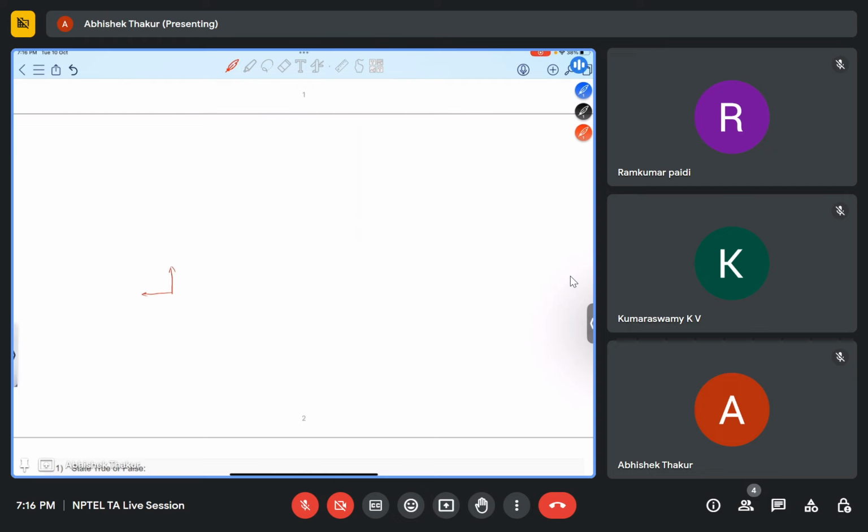Let's suppose this is the local or global map axis. This is X, Y, and out of the plane is the Z axis. With respect to the map, let's suppose a robot is navigating.